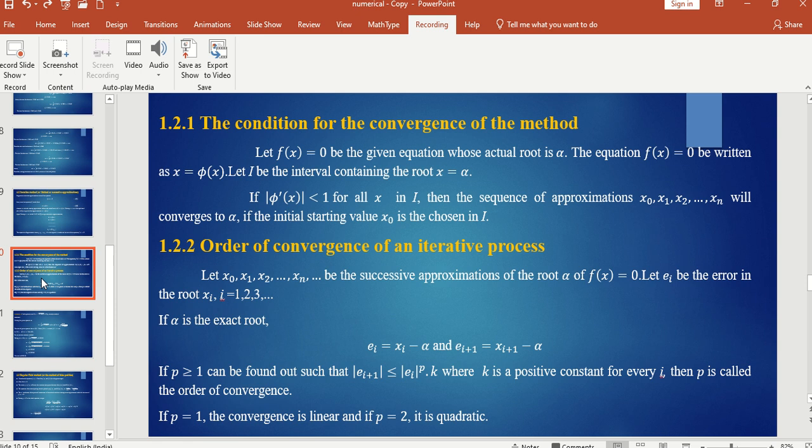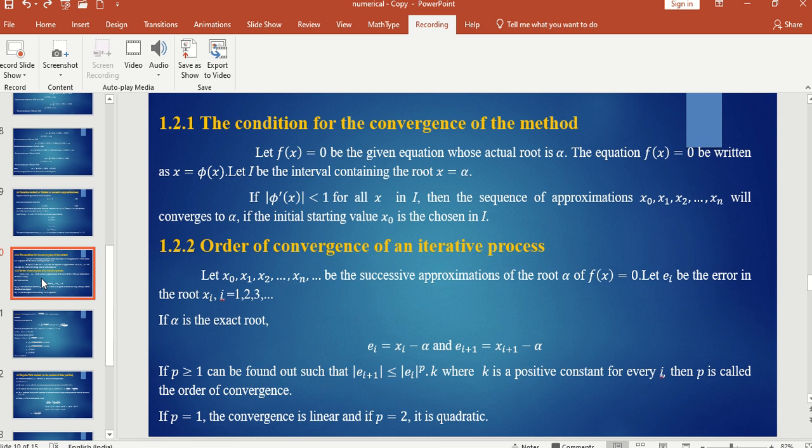Next we see the order of convergence of an iterative process. Let x0, x1, etc., xn, etc. be the successive approximations of the root alpha of f of x equal to 0, and let ei be the error in the root xi. Then if alpha is the exact root, ei equals xi minus alpha and ei plus 1 equals xi plus 1 minus alpha.